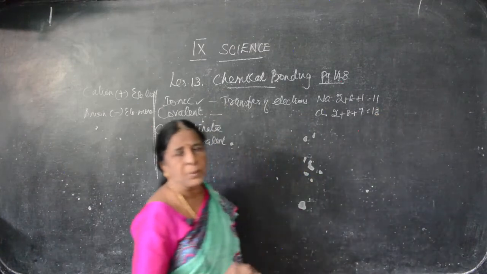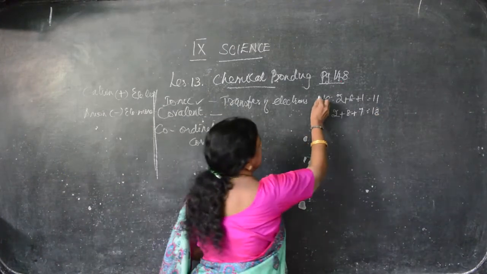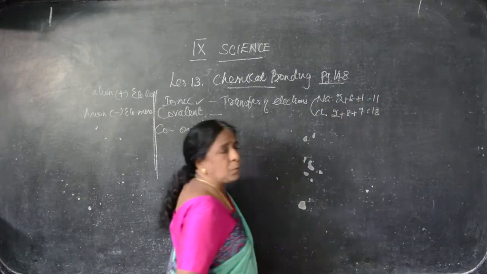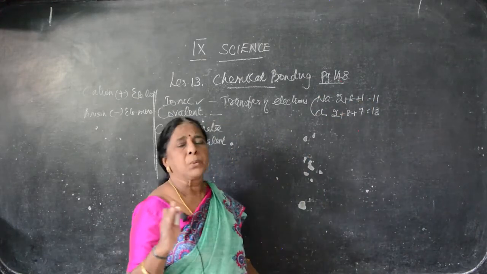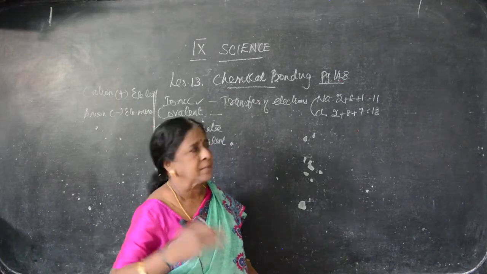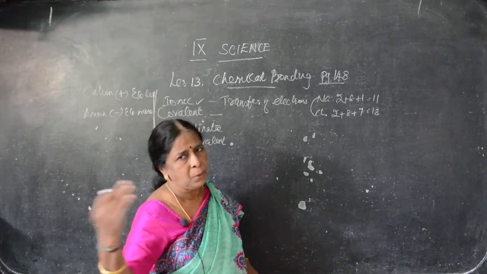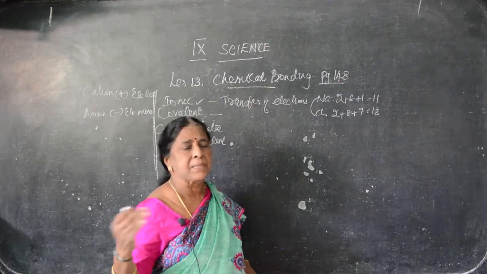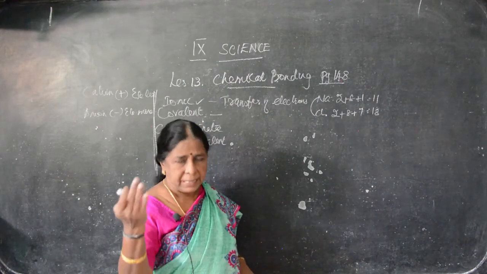In the last orbit, sodium has 1, so it has to give the electron to the other atom. Chlorine has 7 in the last orbit, so it has to get an electron.